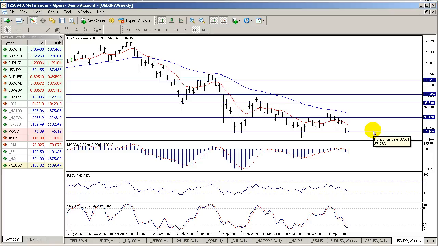And when you have a weak downtrend, the best way to approach the market is to sell the rallies toward the 100-week moving average.